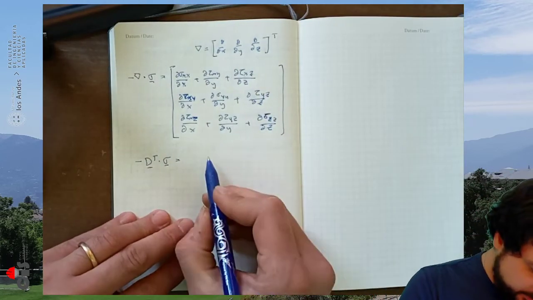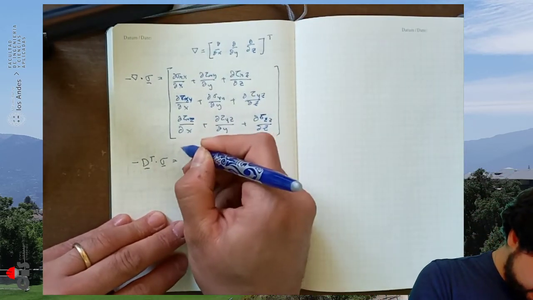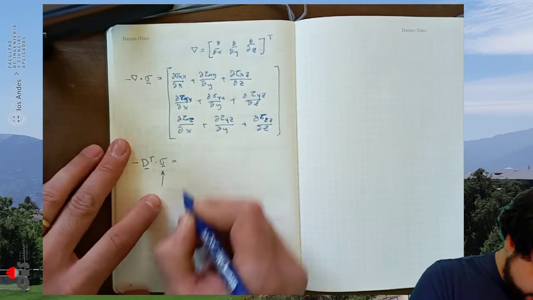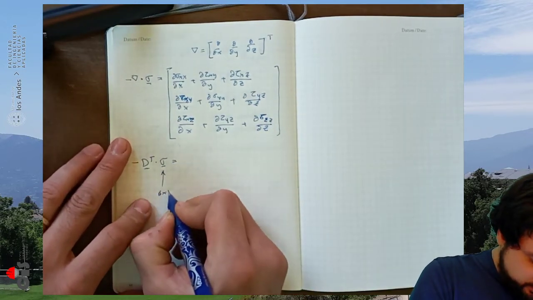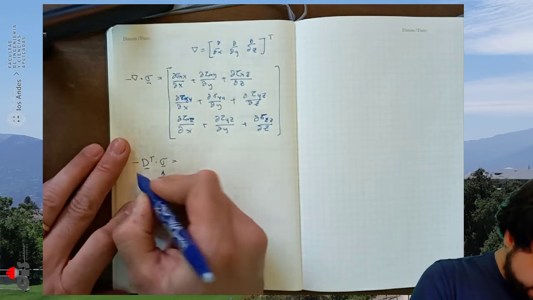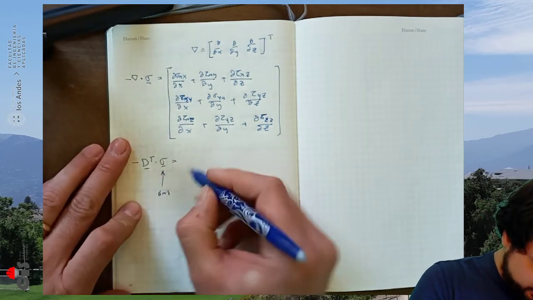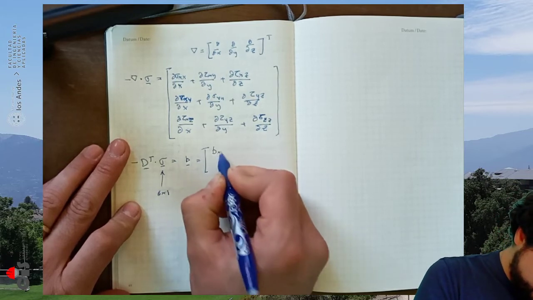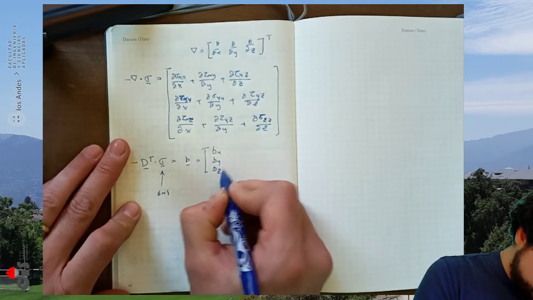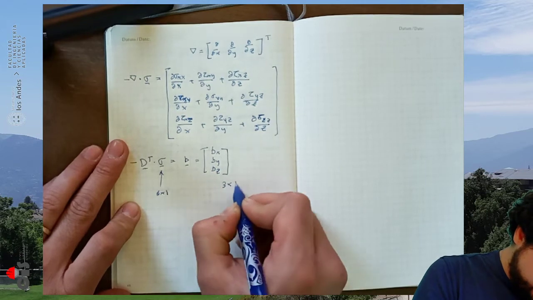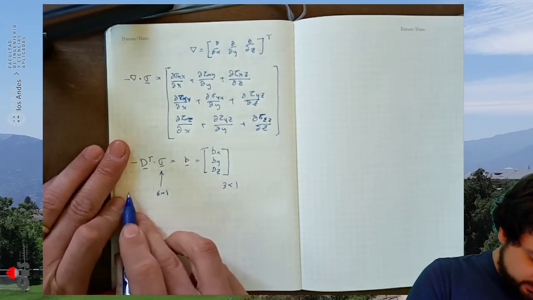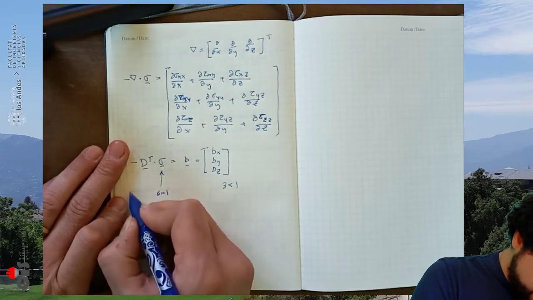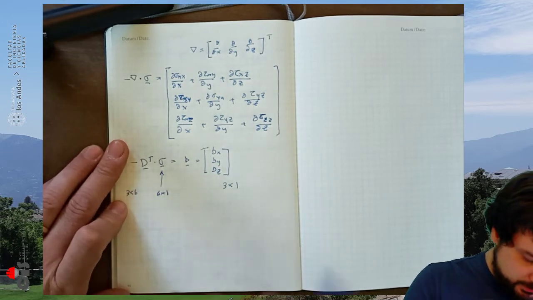So if sigma is a 6 times 1 vector, and the result, which is b, has the 3 components, it is a 3 times 1 vector. D transposed is going to need to be a 3 times 6 matrix.